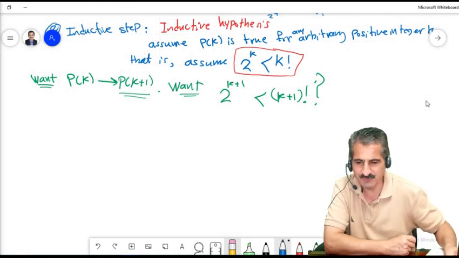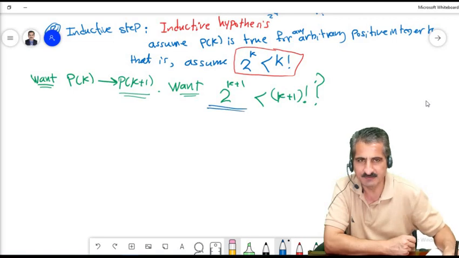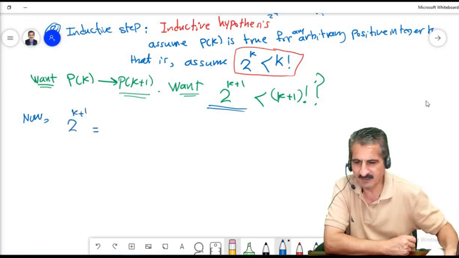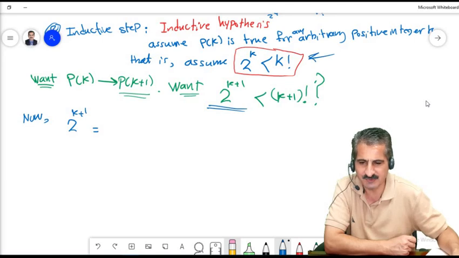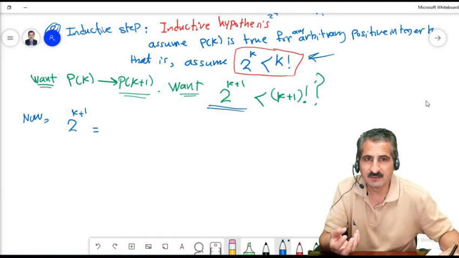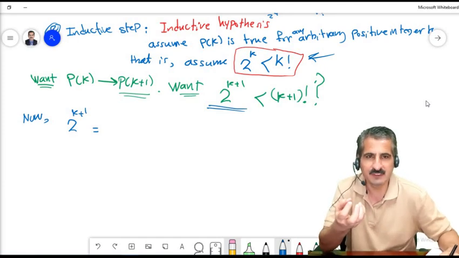So usually we start with the left hand side. Now 2 to power k plus 1 is, and then we want to use this thing here. So we start with the left hand side of P of k plus 1, and we play with it so that some part of it comes out to be the left hand side of P of k.